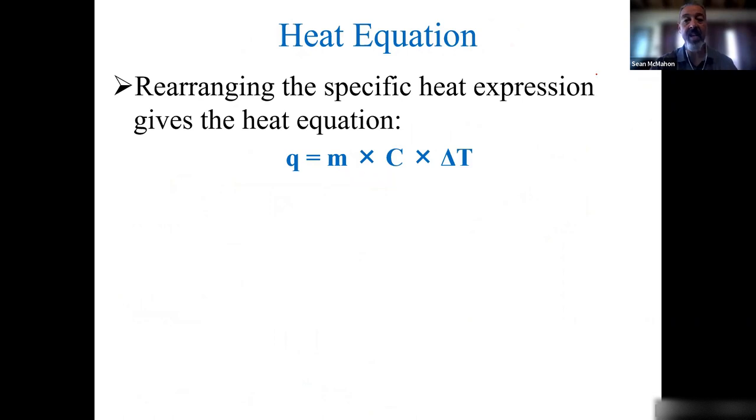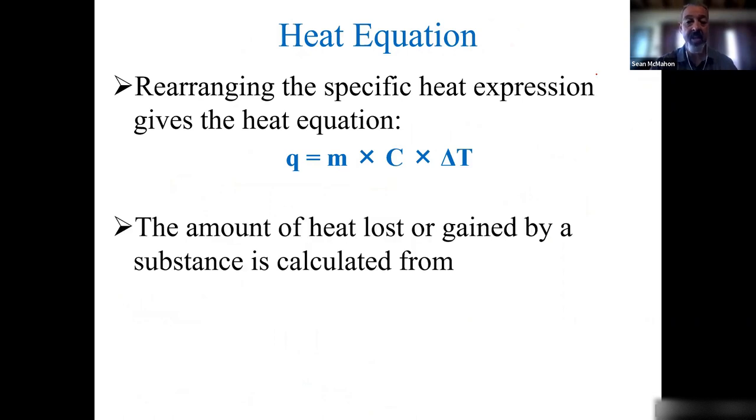So we can take that Q equals mCΔT, and it actually shows us whether heat is lost or gained. Typically when you lose heat, that's negative, like if I lose something. If you gain heat, that's positive. So if heat is Q, when Q is negative, you're losing. If Q is positive, you're gaining.